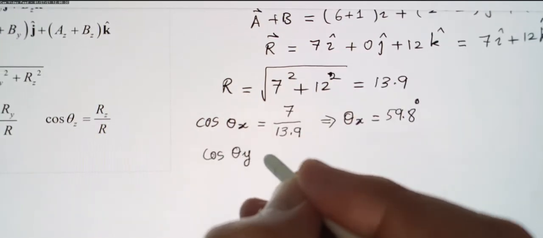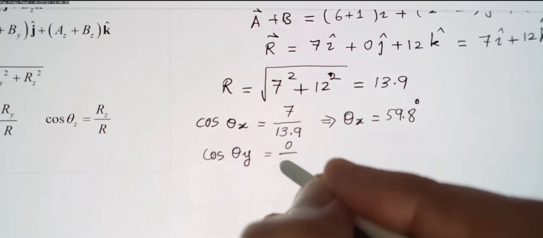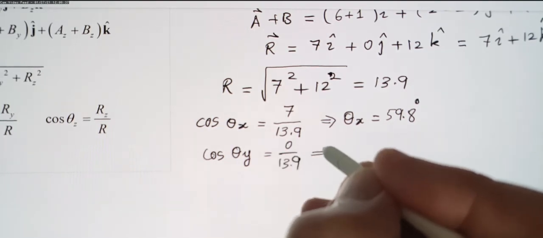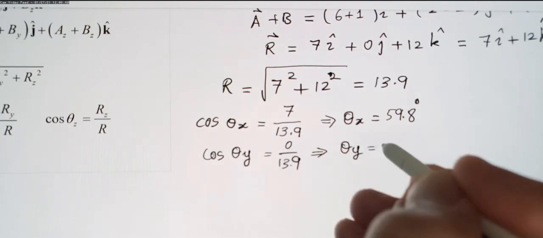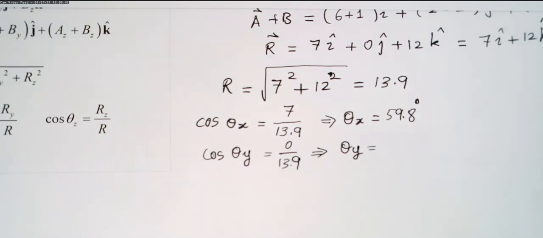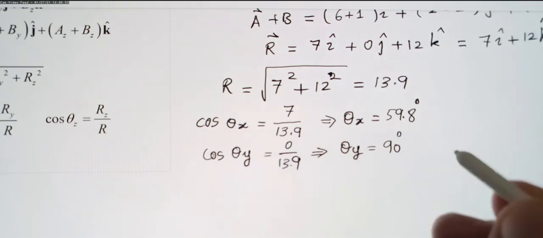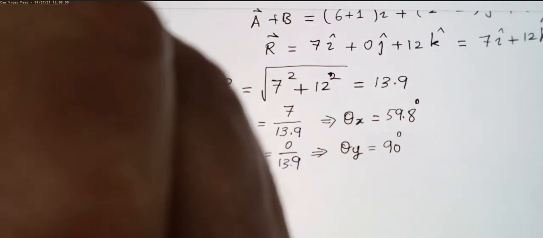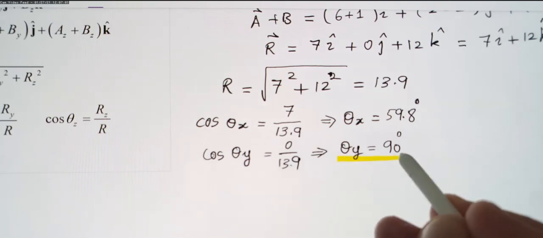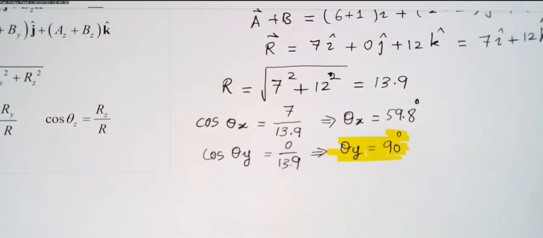Cosine theta y is equal to 0 over 13.9. So theta y mathematically is 90 degrees, but physically does it have any meaning?